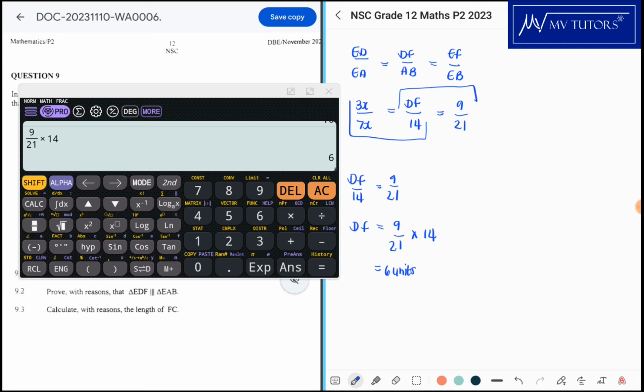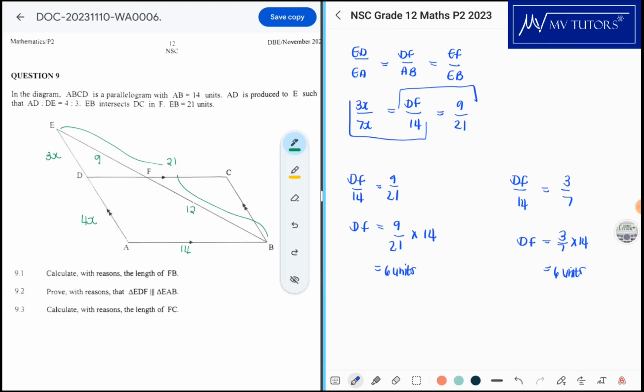Would it have worked if I said DF over 14 is equal to 3x over 7x? It should work. So then we have 3 over 7 times 14. Yeah, it will work. We're just checking. So it is 6 units. Either way, you could have used ED over EA or EF over EB.